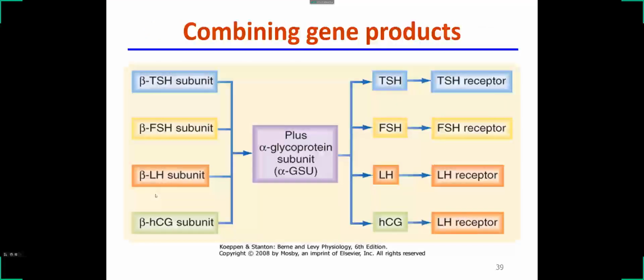And what does that look like? This allows you to mix and match different genes. So imagine you've got a gene that's making a beta subunit of TSH, and then a beta subunit of FSH, or a beta subunit of LH, and a beta of HCG, and they all use the same alpha subunit, okay? By mixing and matching different pieces, I don't know if any of you know Lego, the children's toys.